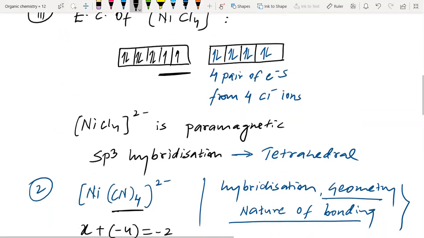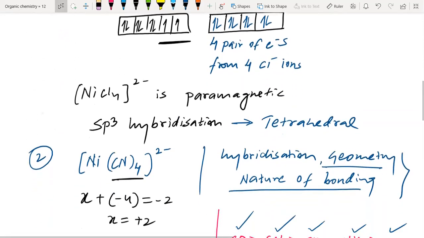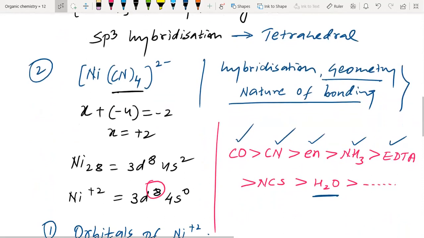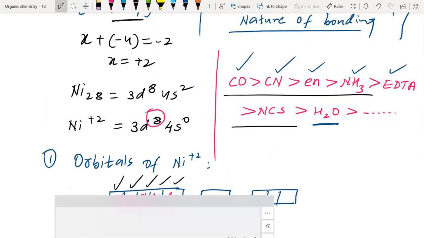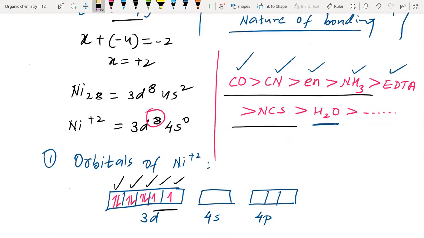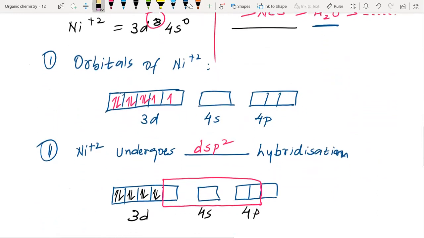To find out the geometry and the hybridization, it depends on this very important spectrochemical series which you see here. This is very important because with the help of this, we can find out which one is a strong field ligand. In the case of a strong field ligand, the very important thing we should keep in mind is that the d electrons get paired up.